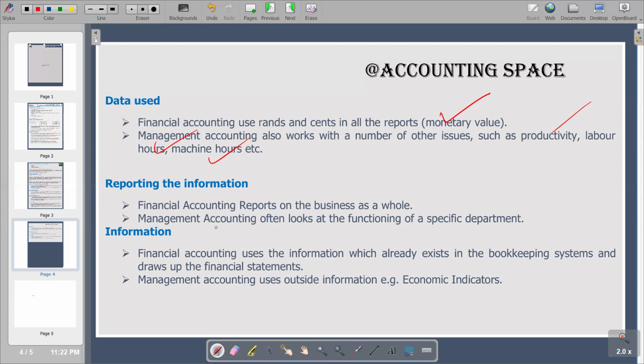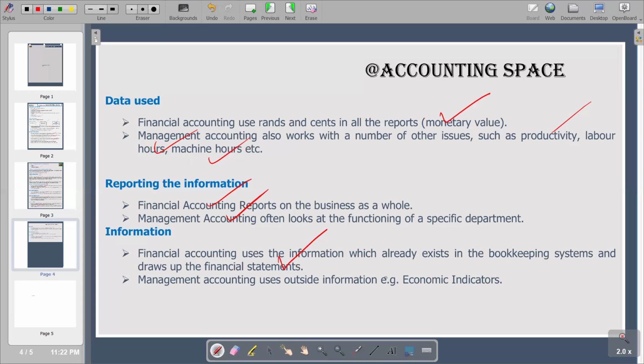So that's now our reporting the information, and then we go to information, which is the last part. Financial accounting uses the information which already exists, as we have already discussed on the issue of using the information that already exists, information that has transpired in the past. Then we go to the next point.